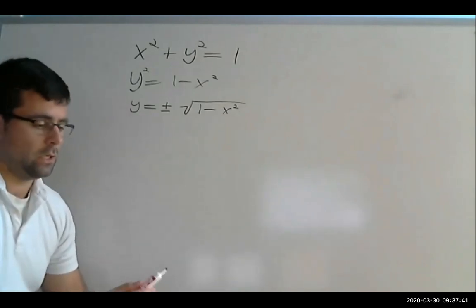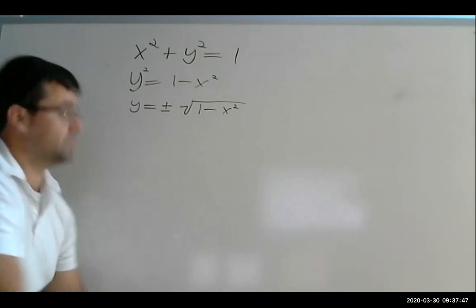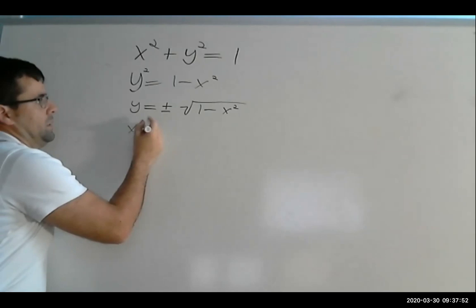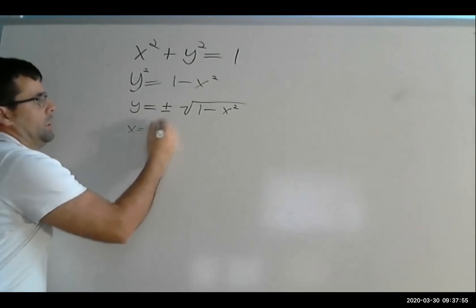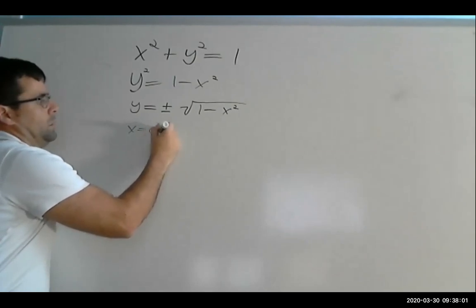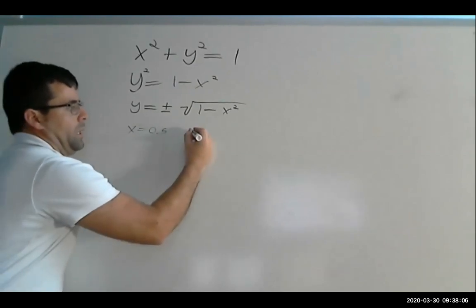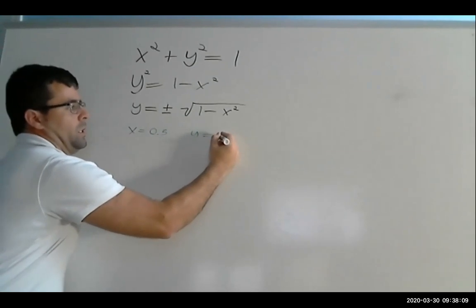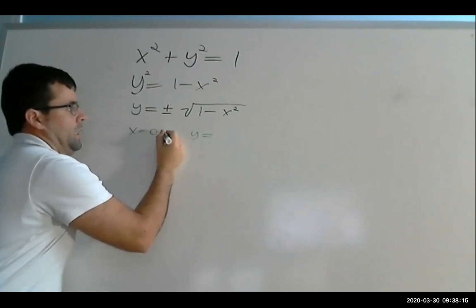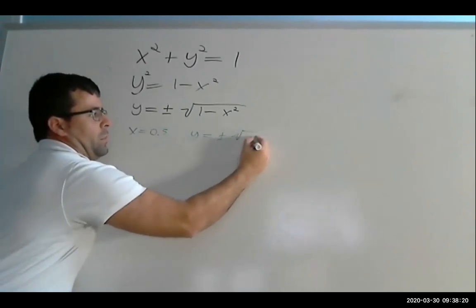If you plugged in, let's say, x equals 0.5, then y equals plus or minus the square root of 0.75.